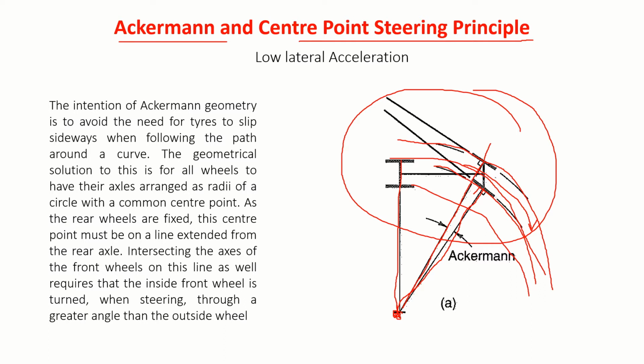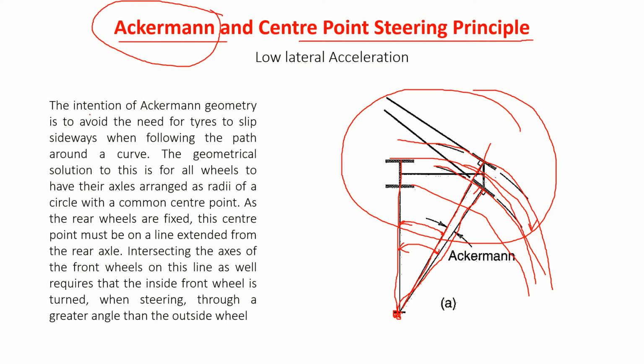So it is designed in such a way, you can see this inner wheel makes a larger steering angle compared to this outer wheel. This turns more than this, so that this can cover lesser distance and this can cover more distance. This is what we call the Ackermann steering principle.